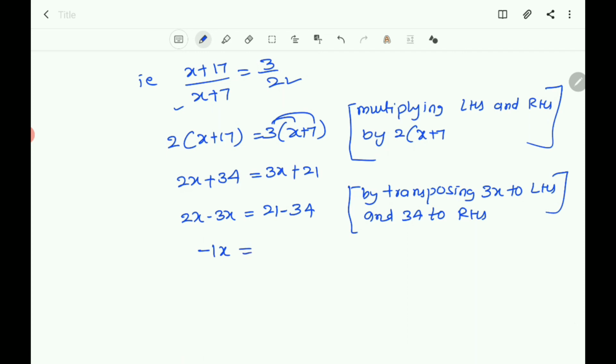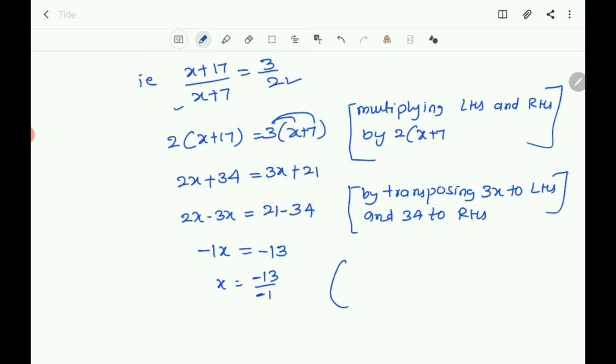You know that 34 minus 21 is 13, so it is minus 13, because 34 is the greater number. Therefore 21 minus 34 becomes minus 13. Then x equals minus 13 by minus 1.